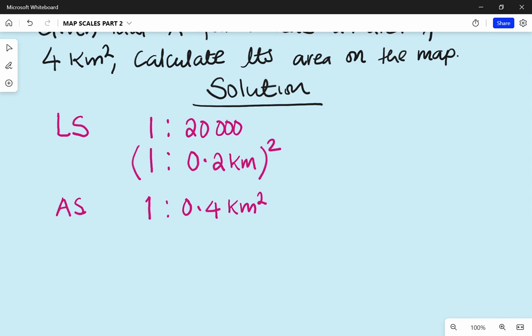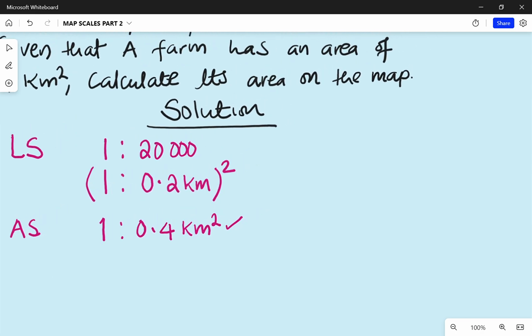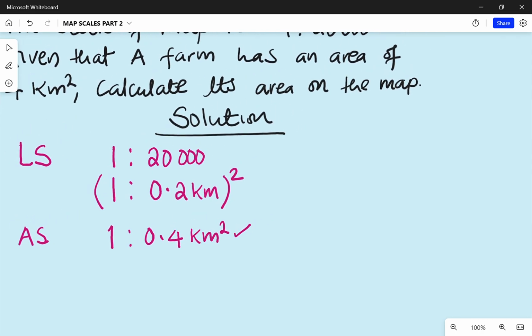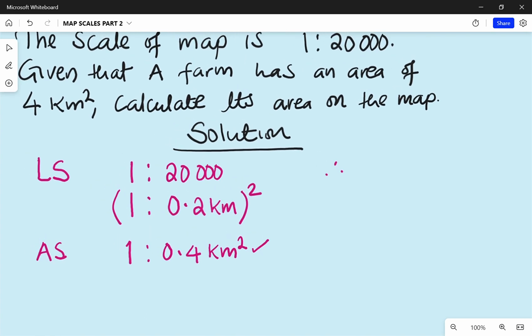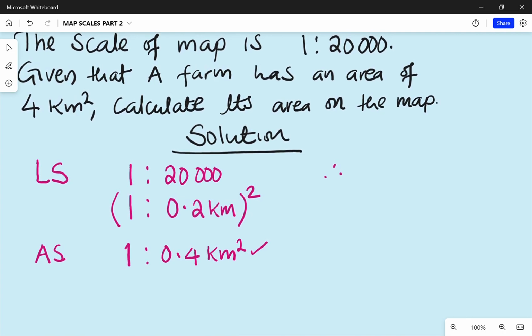Having established my area scale, I can now say, therefore, 1 is equivalent to 0.4 kilometer squared.